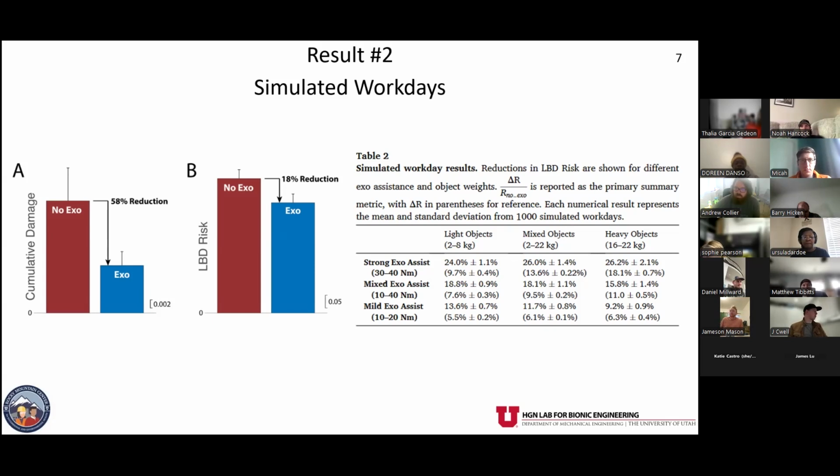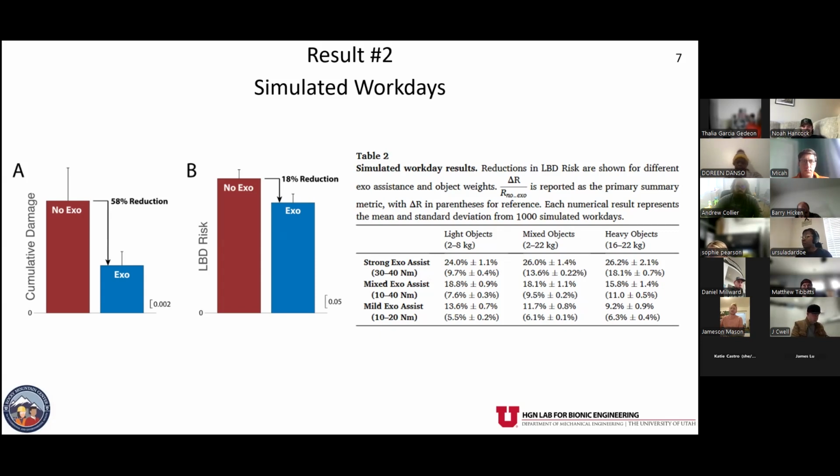They added in different assistance amounts for the exoskeleton and different lengths away from the body. They randomly generated 1,000 simulated work days, and there's still a reduction, basically just coming from the exo assistance that they're subtracting from this equation.